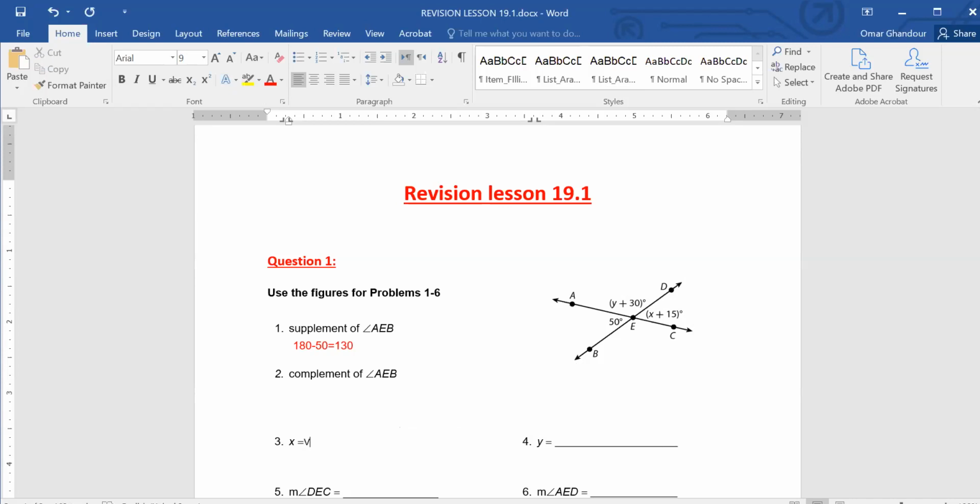So in here, using vertical angle theorem, x plus 15 is equal to 50.